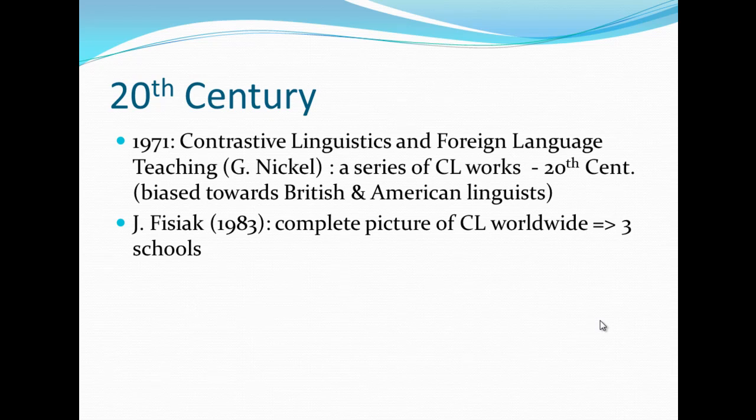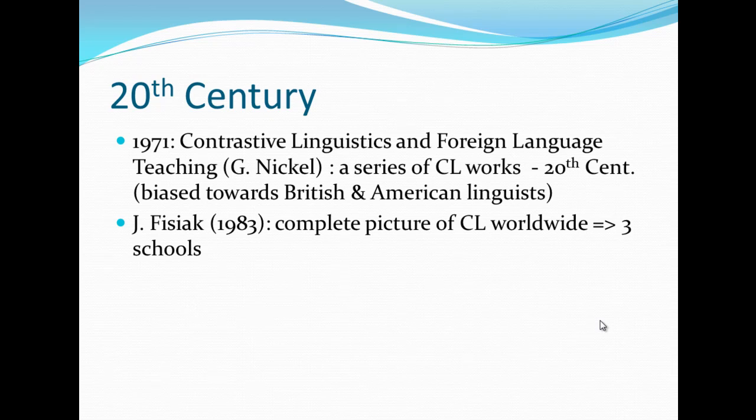Now, the contrastive analysis work up until this time was still very much biased. I mean, the views about languages were strongly influenced by what we call Eurocentric views.